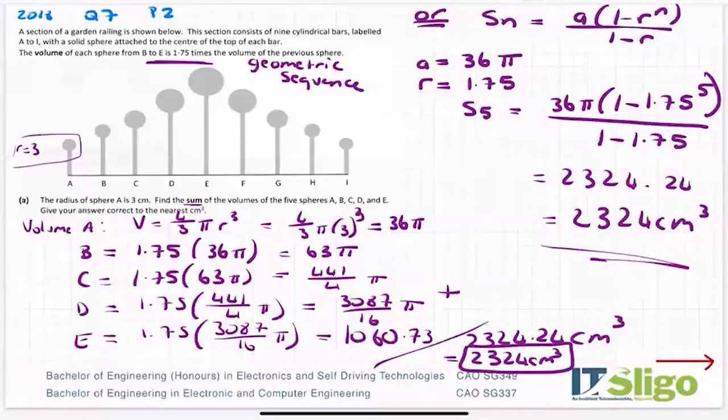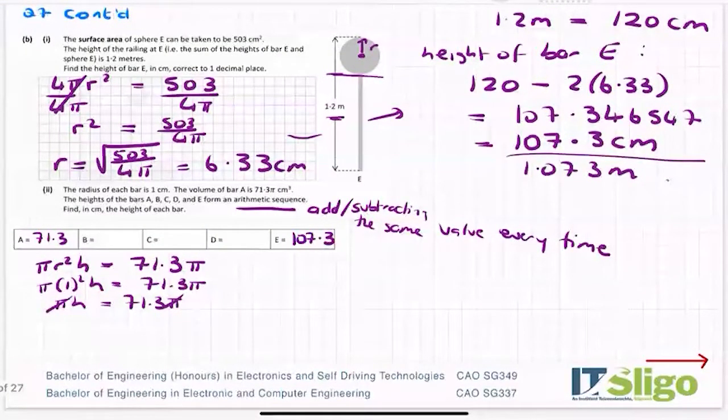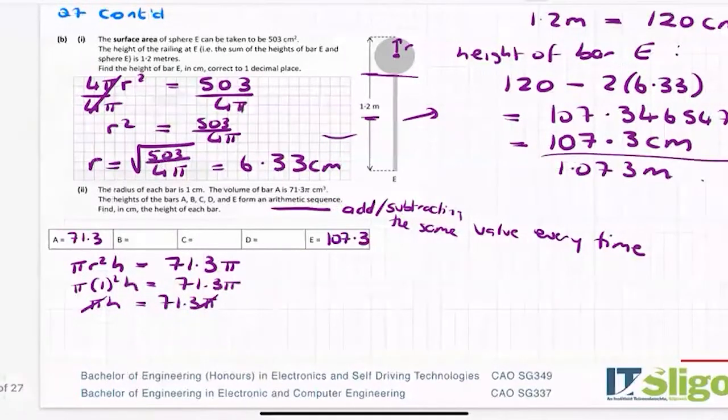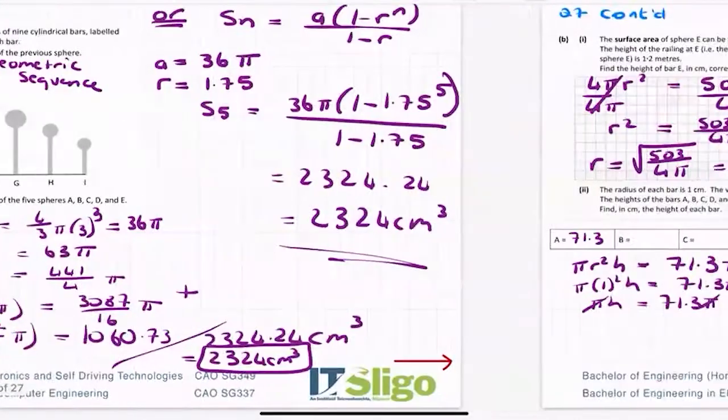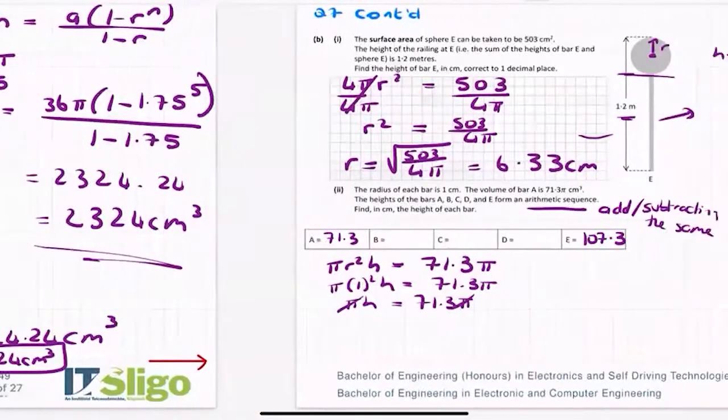We just know more information about the volume of the spheres on top of them. So we have no choice but to use the fact that it's an arithmetic sequence, okay? So if he's 71 and he's 107, then if I get the difference between them, then can't I just divide across to get me my common difference, okay?